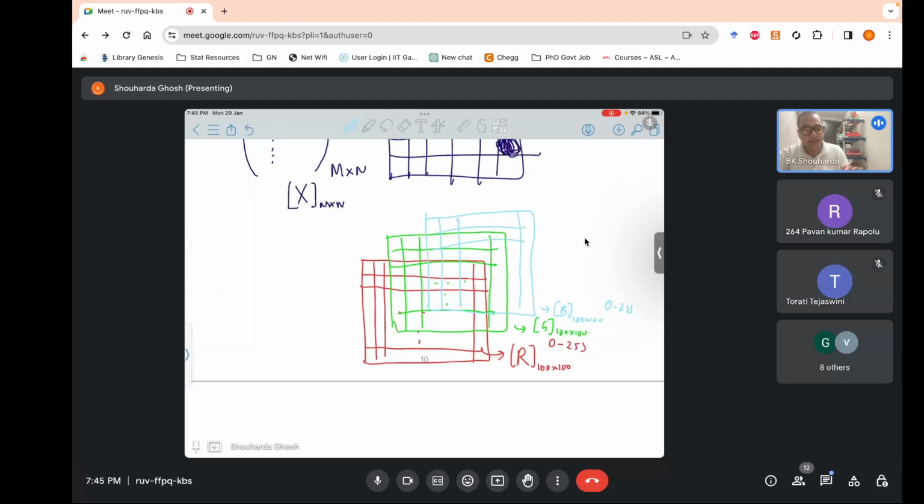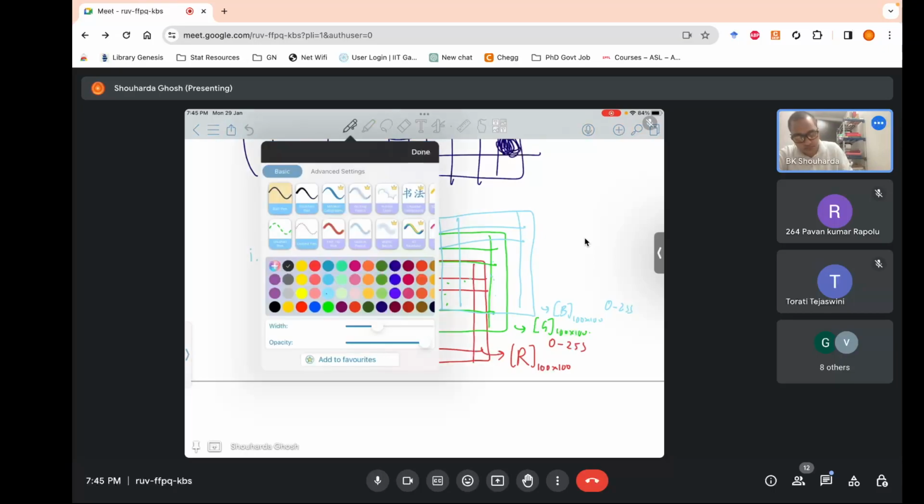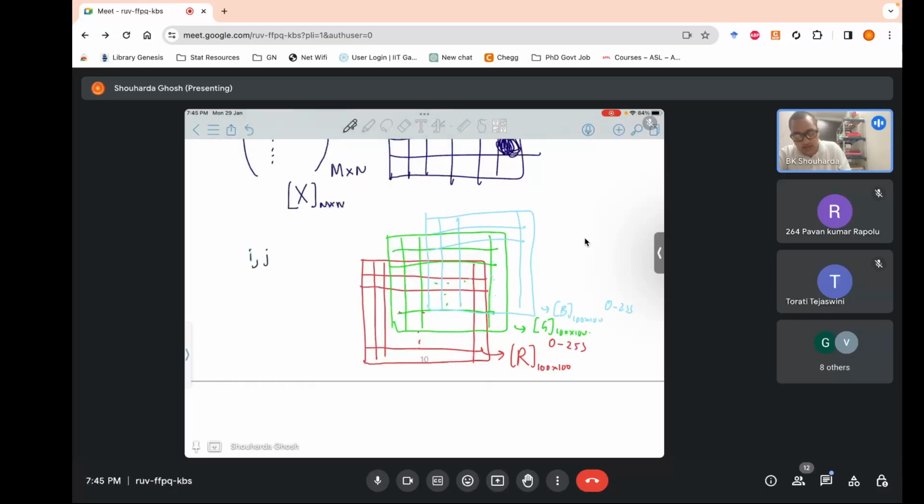You have red LEDs, I'm just giving an example. Red LEDs, green LEDs, blue LEDs at position i comma j, at the ith row and jth column. What do I do? I mix red with the intensity described in this matrix, I mix green with the intensity described by the element Gij, and then I mix blue with the intensity Bij. Okay, and then the resultant color is the one that I get.